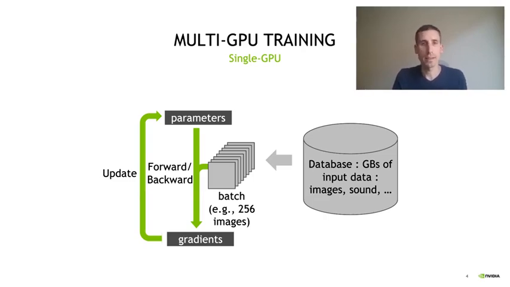For example, in that case, it will be images. We will make it go through a certain number of images, for example, 256. And after that, what we call a mini batch, we'll see how wrong we are and how we could improve our neural network to try to converge to what we want.